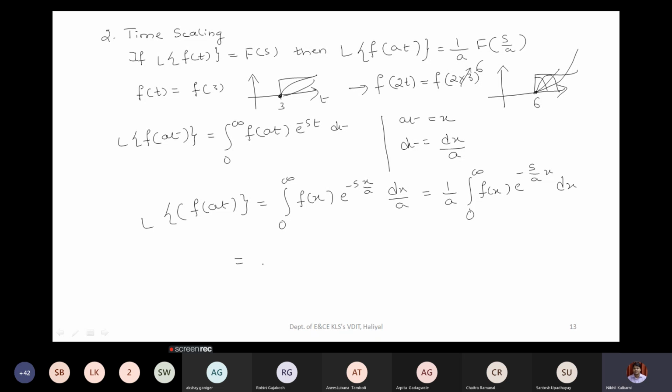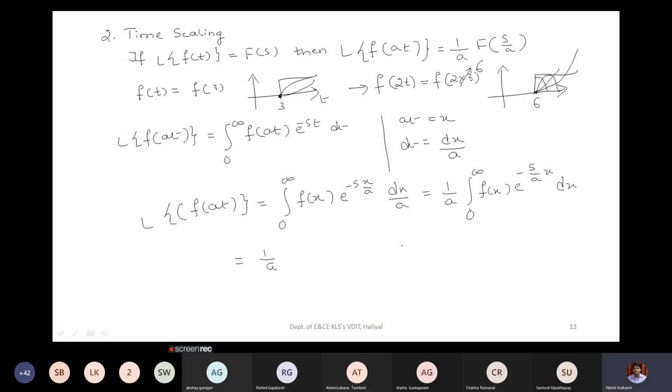So this is going to give me 1 by a, and we already know the integration of this, that is the Laplace transform of this kind of function, like e to the power minus at, an exponentially decaying function.